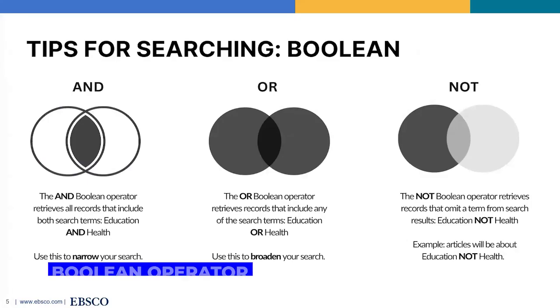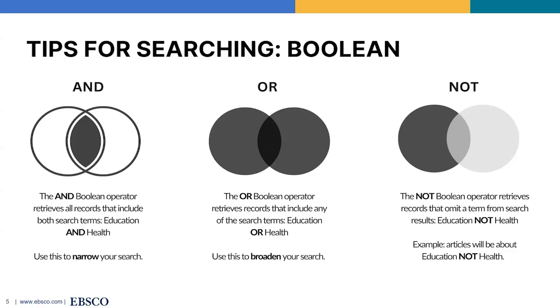So when searching in EDS, I know some of you might be familiar with Boolean operators, but for those who are not familiar, you can use these words to make information retrieval more efficient. We have here Boolean operators which are used in search engines.